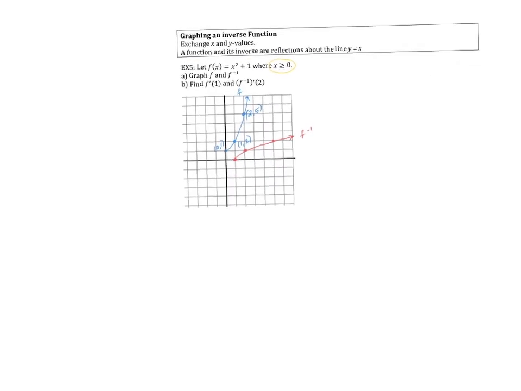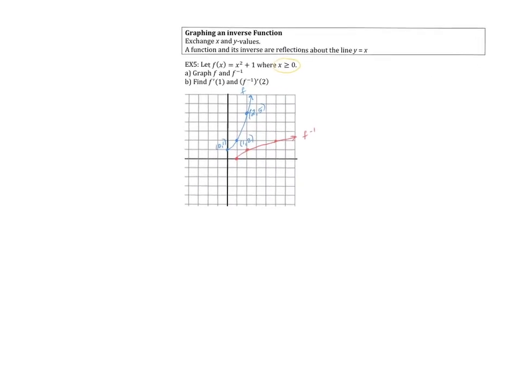Now something to notice is that these are mirror images of each other across the line y equal to x, which is what we call the axis of symmetry.